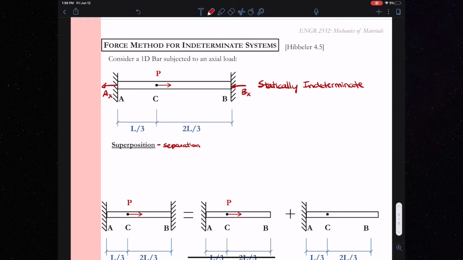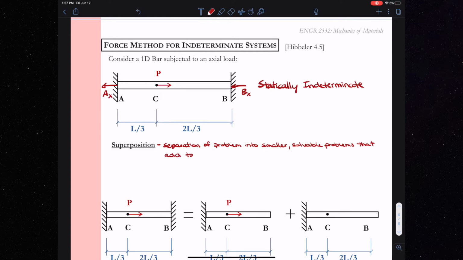We can use the engineering toolbox to solve the problem, but we want to explore the force method. In the force method, we will use a superposition of the problem. Superposition, if you recall from statics, is just the separation of a problem into smaller solvable problems that add to the result of the initial problem.